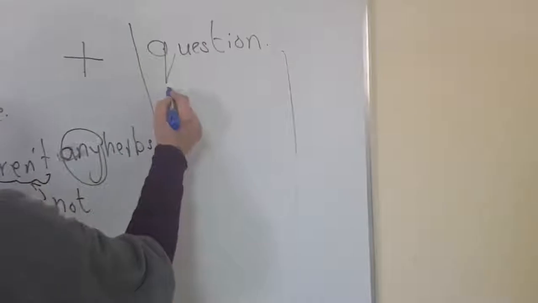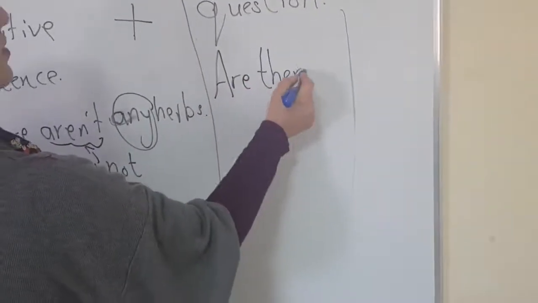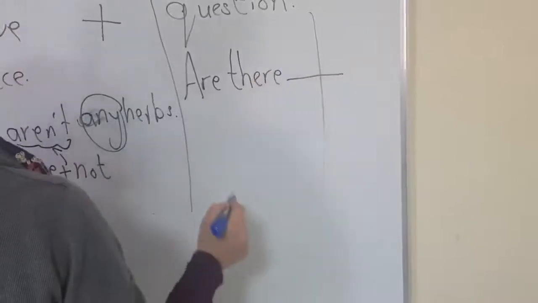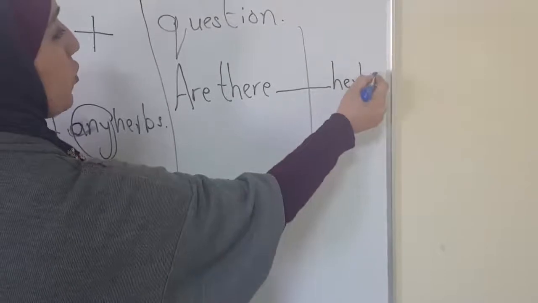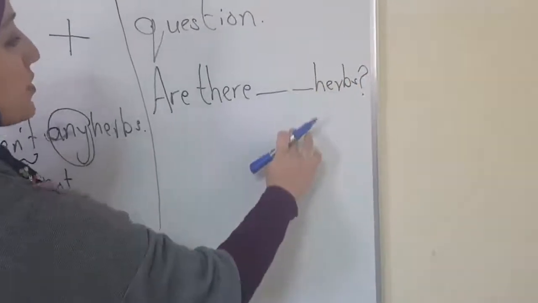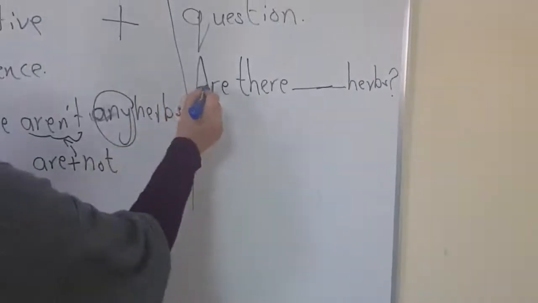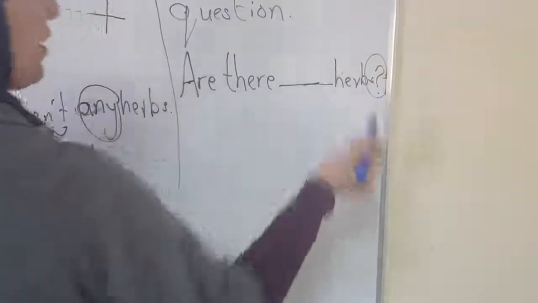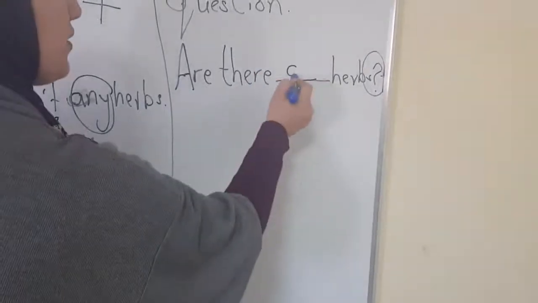Here are, there, فراغ, herbs, question mark. الآن are, question mark, it's a question. So you have to put here any.